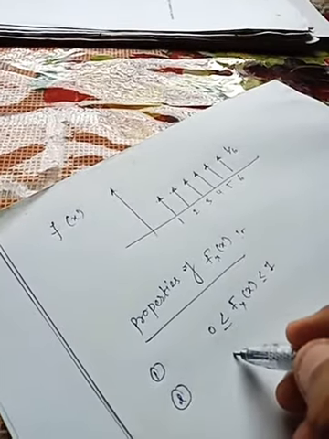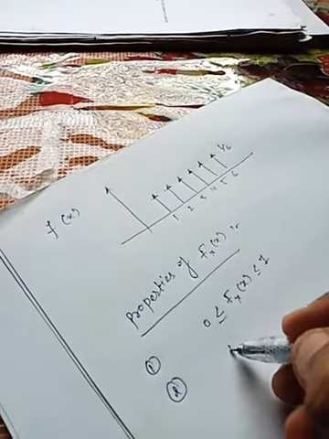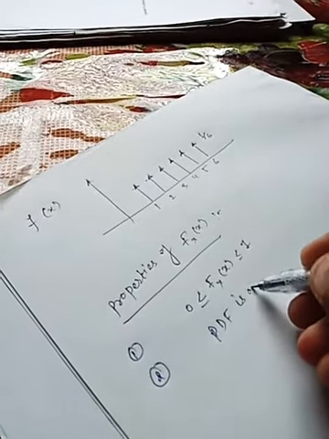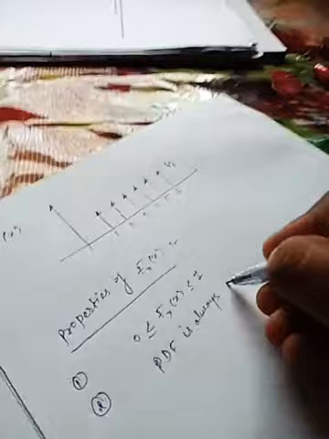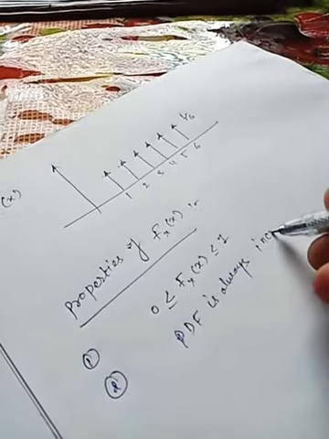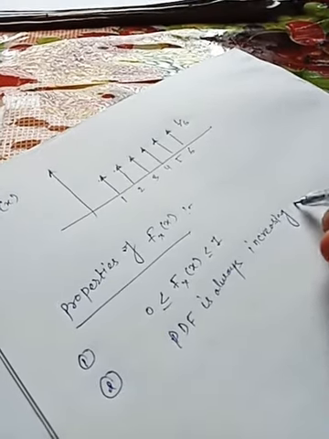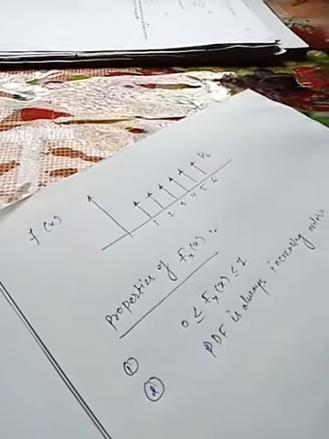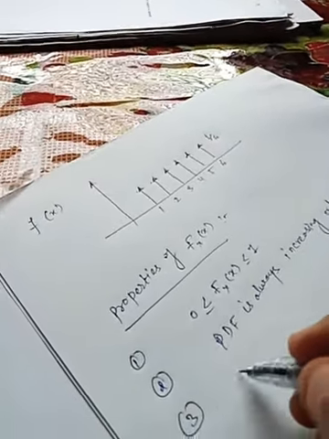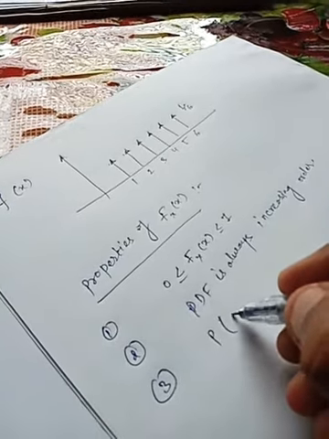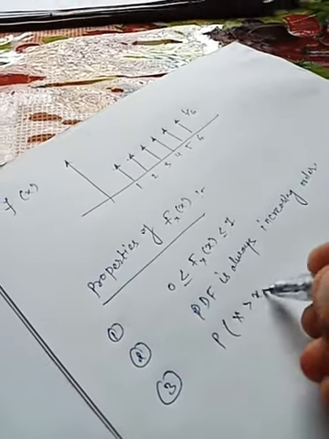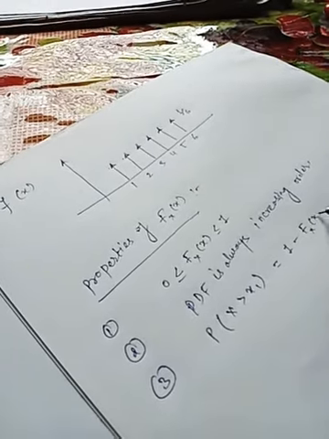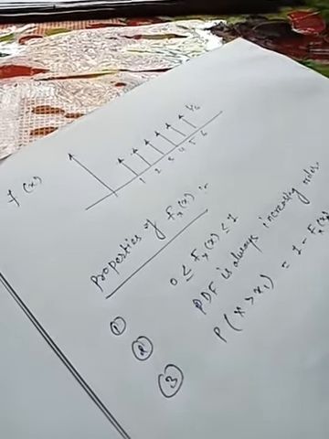Second, the probability distribution function is always in increasing order. Third, if we want to calculate probability x is greater than x1, how to denote it? 1 minus F of x1.